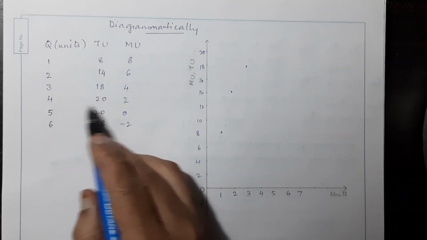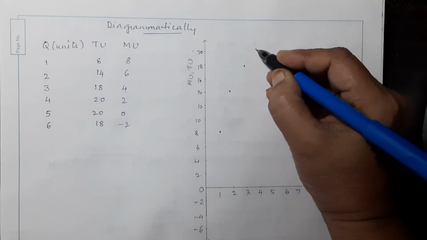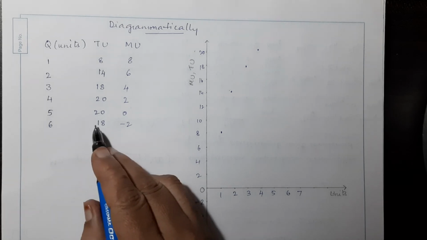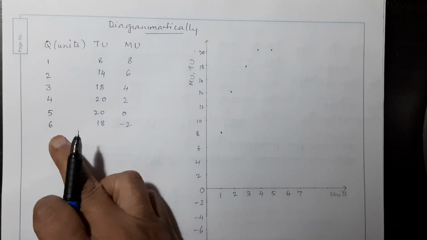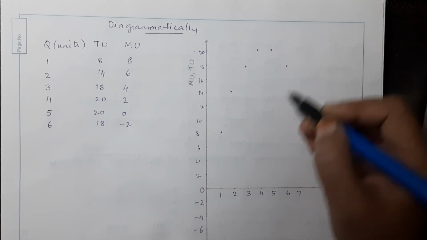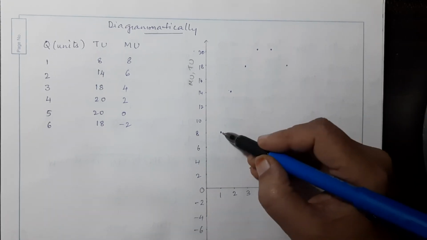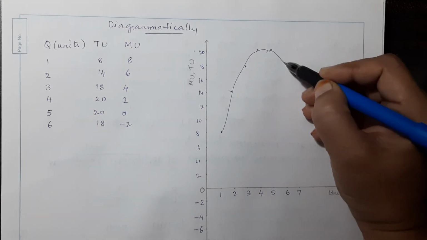Then fourth unit it is 20. Fourth unit is here, 20 is somewhere here. Now fifth unit it has again 20. So it will be somewhere here. Then sixth unit is 18. So it will again come back to this. Join all these points and you get a curve like this.